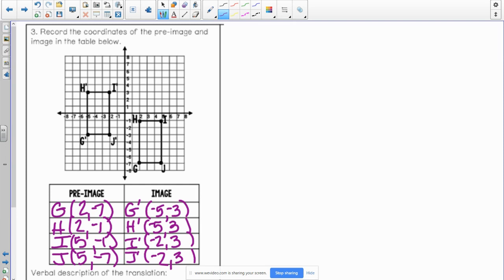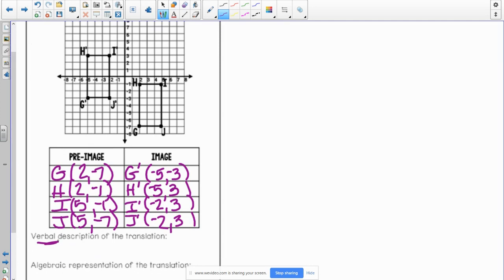Okay, and one thing we have to describe down here is the translation, which in other words, how far did it translate and what distance? And remember, the same distance, same direction. So I can just kind of tell you're totally moving this way to the left, and then you're moving up to get to H. Now you can count those.